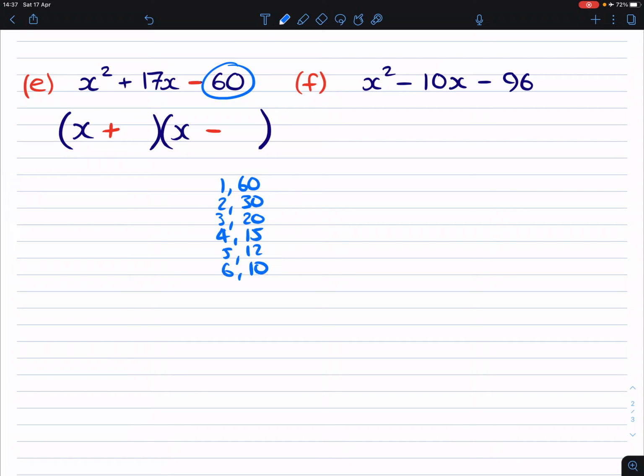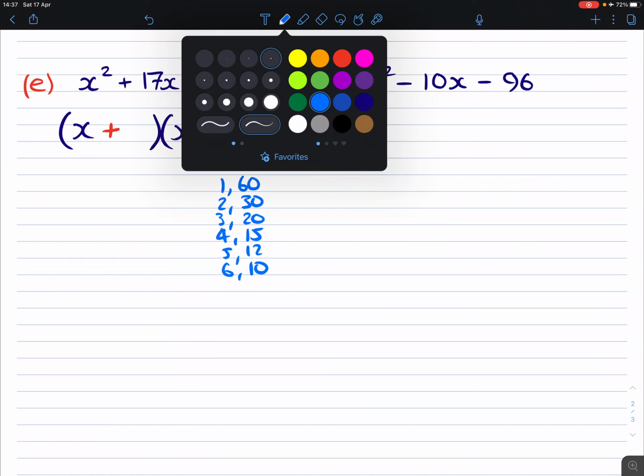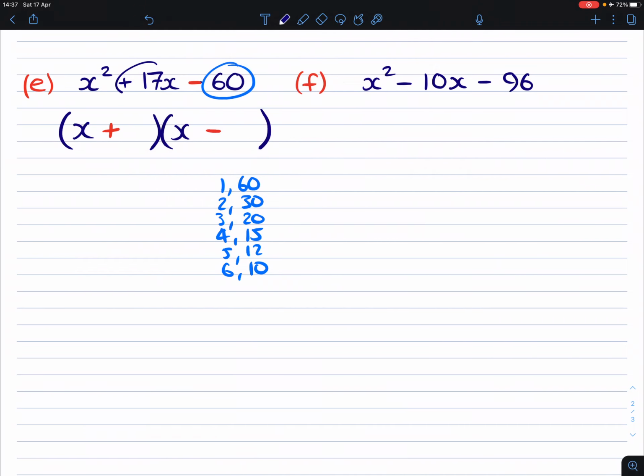We've already got 10, so we're done. Which two numbers subtract in order to make a positive 17? 3 and 20 differ by 17, and if we put the plus with the 20 and the negative with the 3, that's where we'll get this positive 17 from.